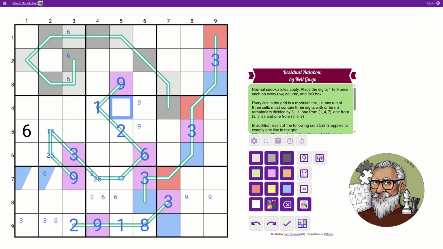That's 3. That's 3. One of these is 3. So we can't have orange here, right?